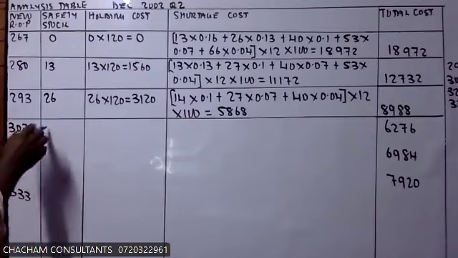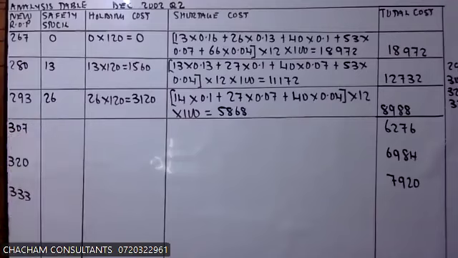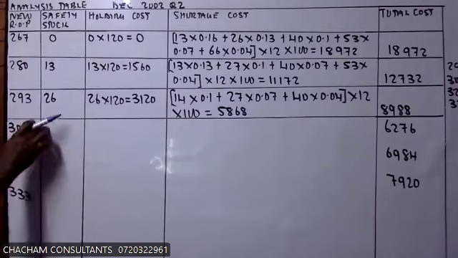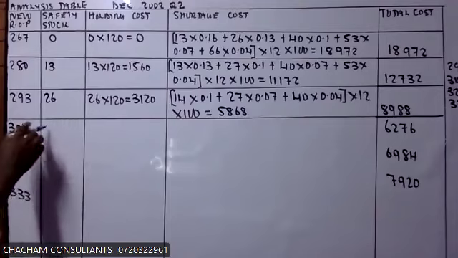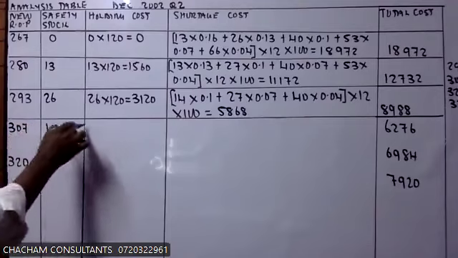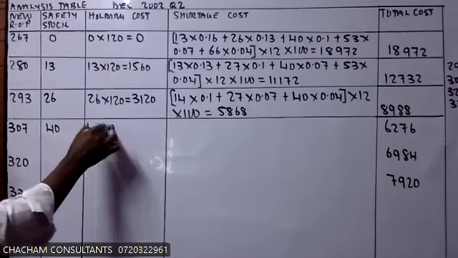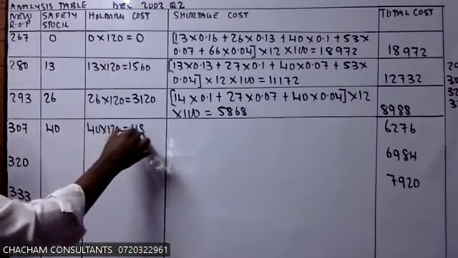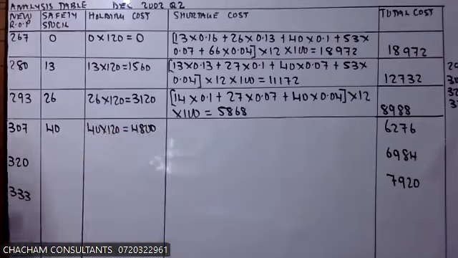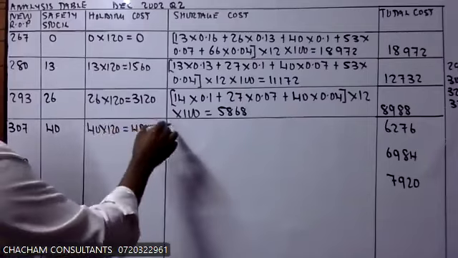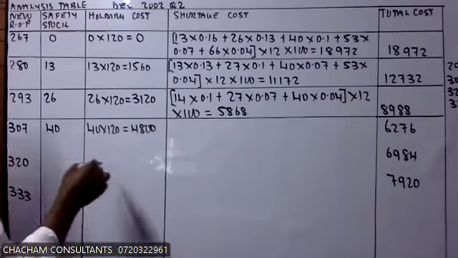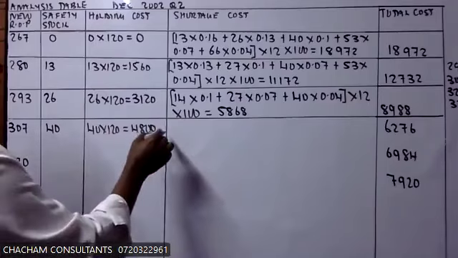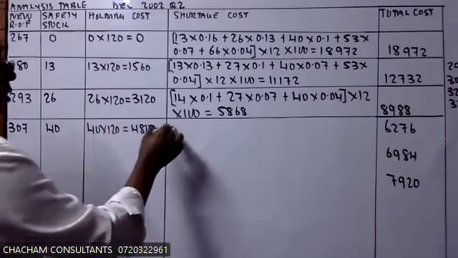So nani Patricia, nisomee hapa safety stock ulipata 40 eh? 40, yes. So this is 40 times 120 ukapata 4,800 eh? Yes. So at 307 the shortage is, if you go to 320 the shortage is what? 13.